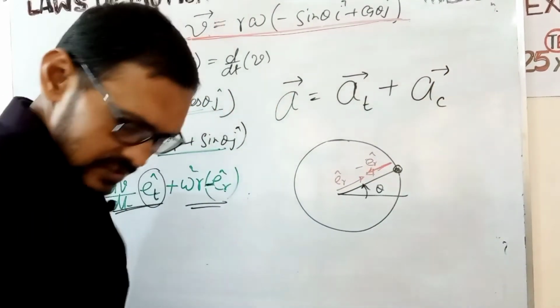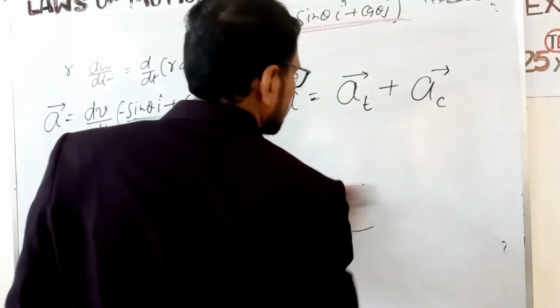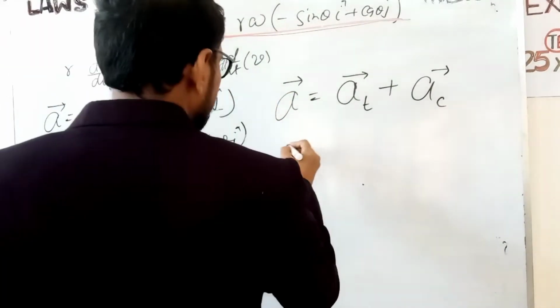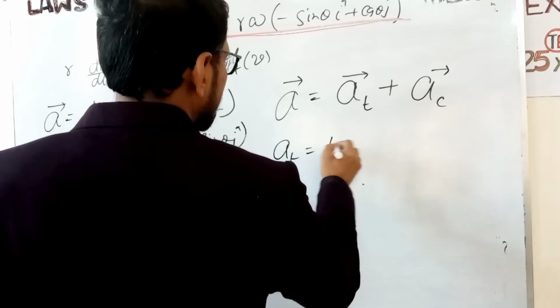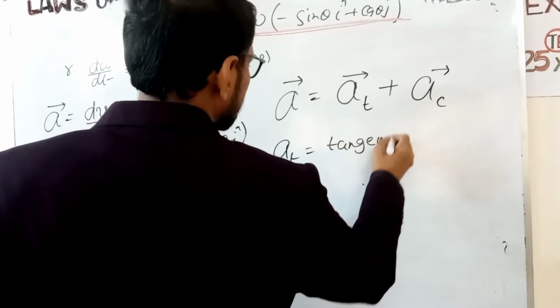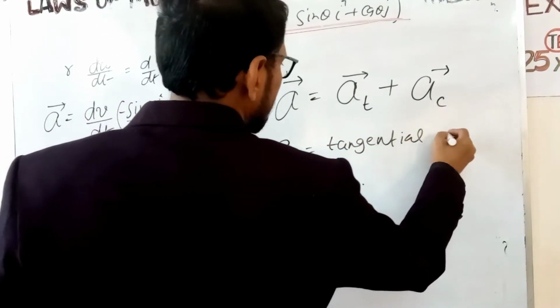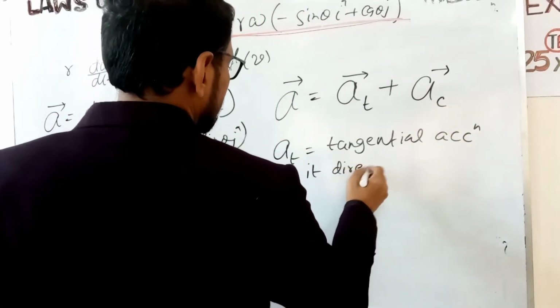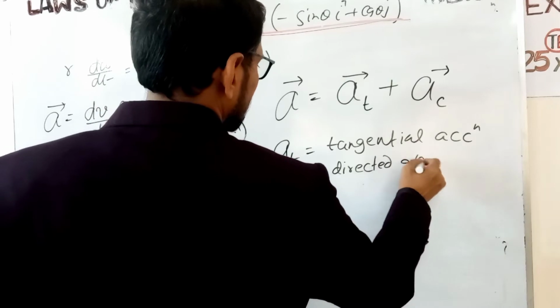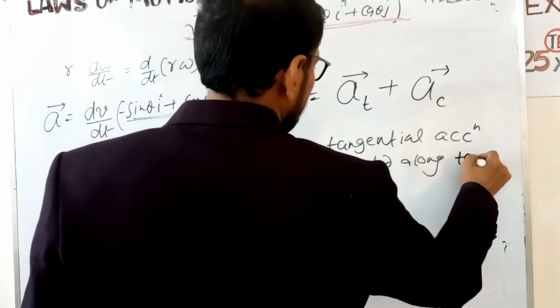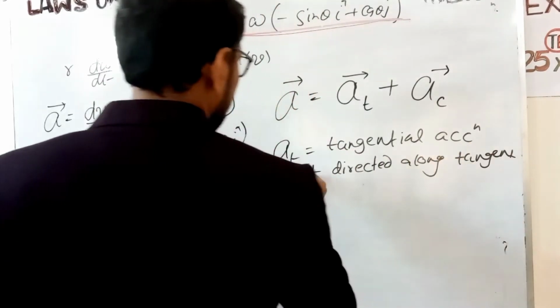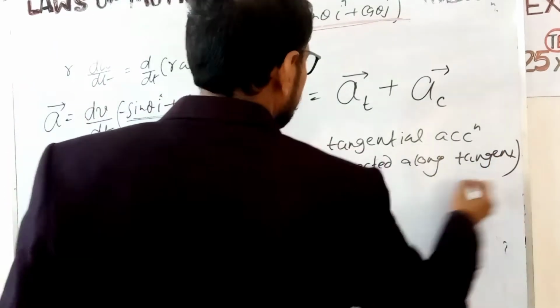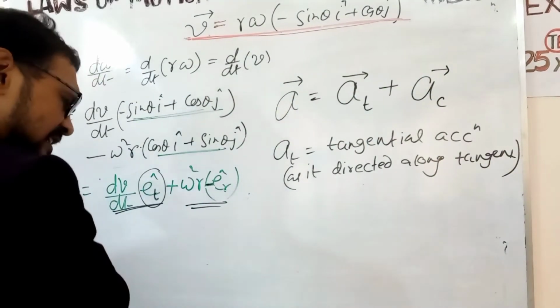So this is radial acceleration, or centripetal acceleration. AT equal to tangential acceleration, because it is directed along the tangent, and AC is directed towards the center.